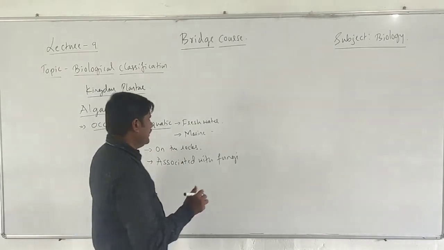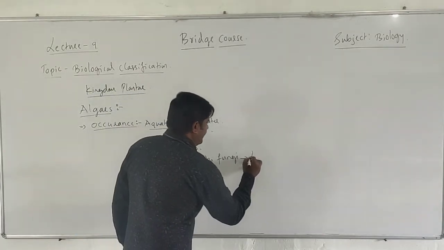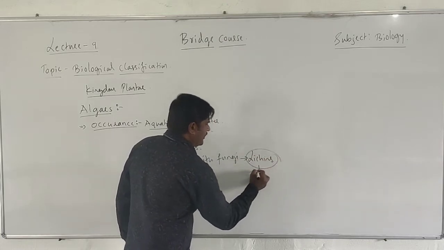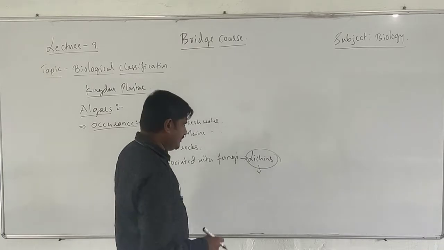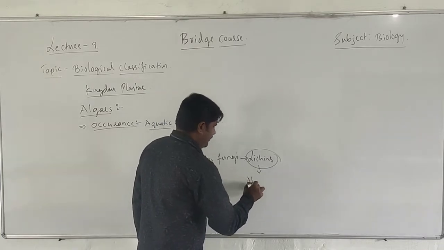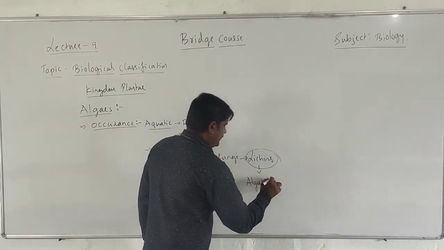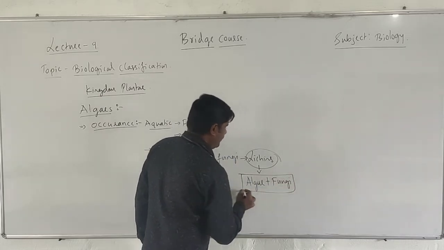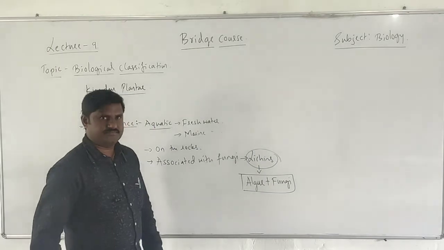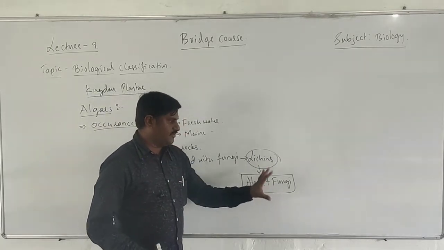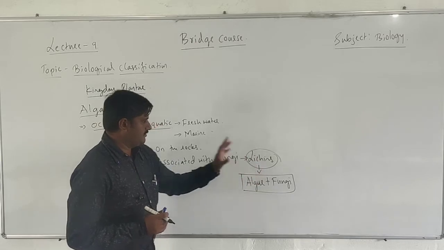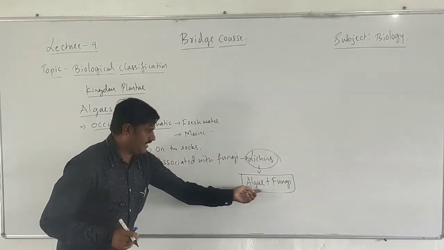Means they form lichens. Lichens are the organisms in which the association of algae plus fungi both together form what? Lichens. They are having algae here.